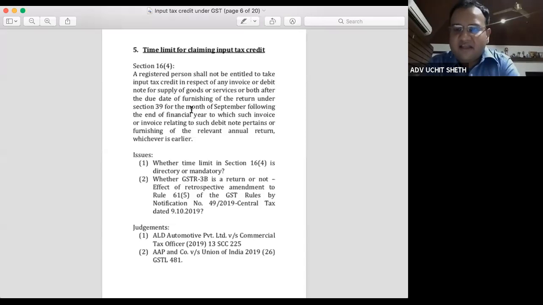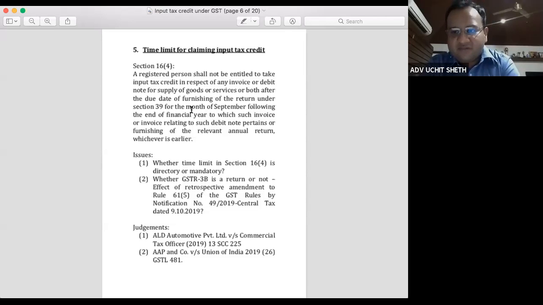So if we look at the amended Rule 61 Subrule 5, it clearly emerges that 3B is a return. Moreover, this amendment was given retrospective effect from 1st of July 2017. In other words, according to the government, 3B was a return right from 1st of July 2017. And therefore, the very basis of the judgment of the Gujarat High Court in App and Company was sought to be removed.